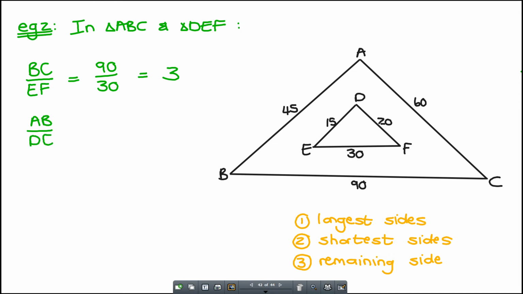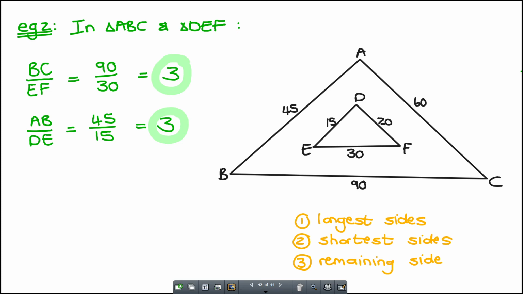So let's substitute in. AB was 45 and DE was 15. If I simplify that, it gives me 3. Now you guys can already see a pattern. Is a reason given? No, there are no reasons here. 3 and 3.